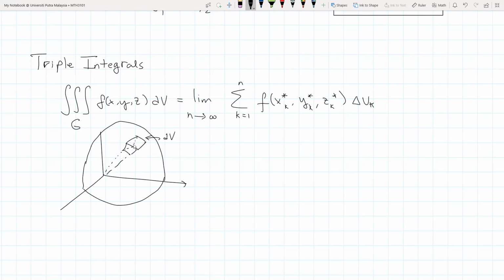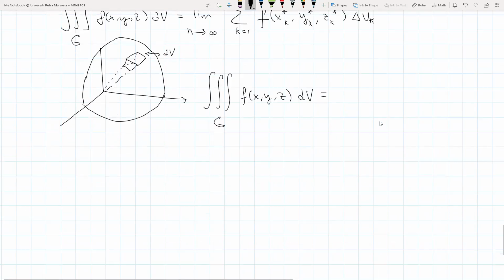And then how does it look in dx, dy, and dz? In the general case, if you have a region G, the integral of f(x, y, z) dV, you can have as many as five different combinations.